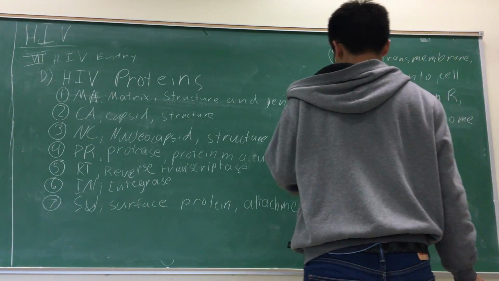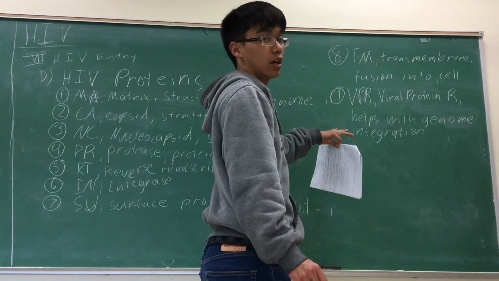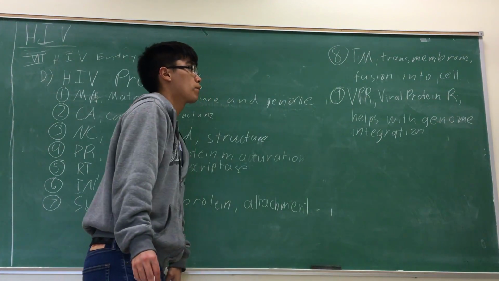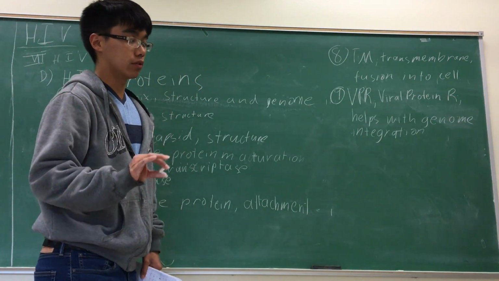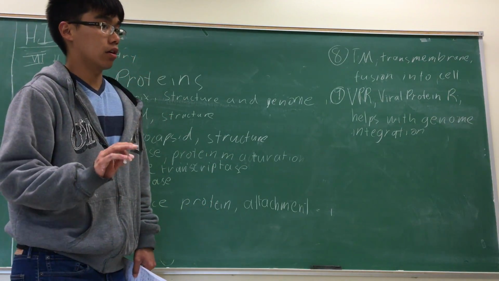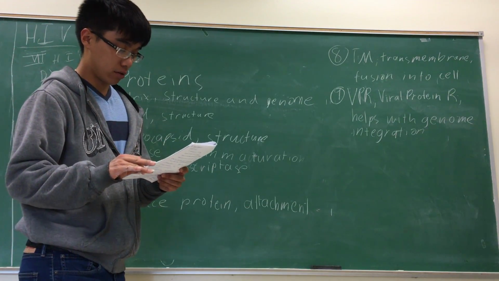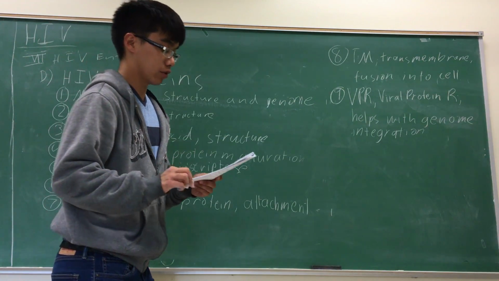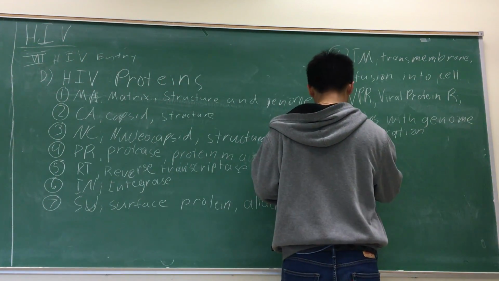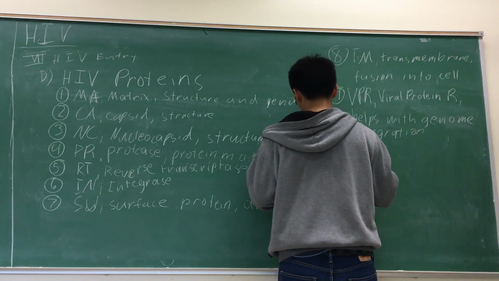Basically it does stuff directly with the nucleus, and also tells the cell to pause at the G2 phase of the cell cycle so that transcription can occur. So that's VPR.